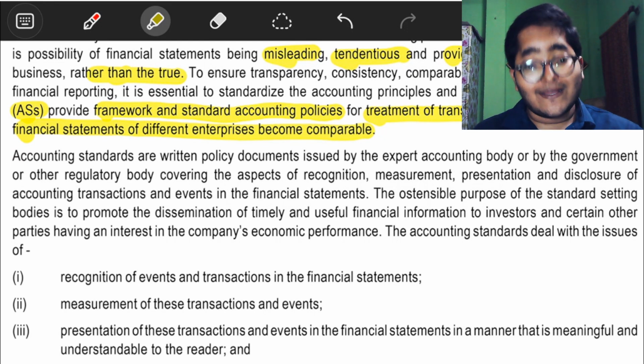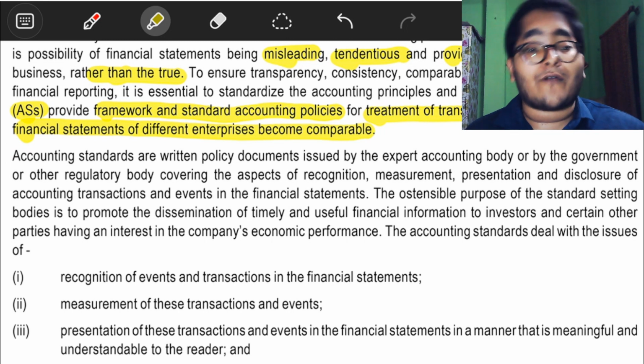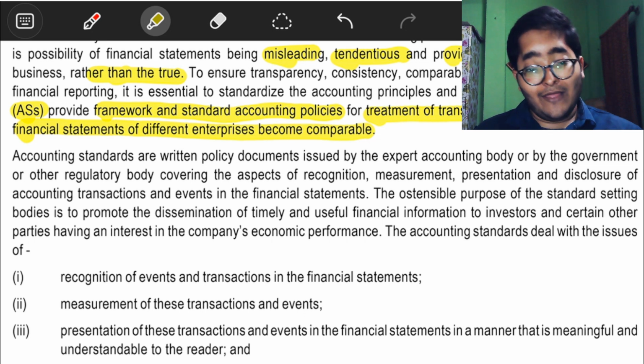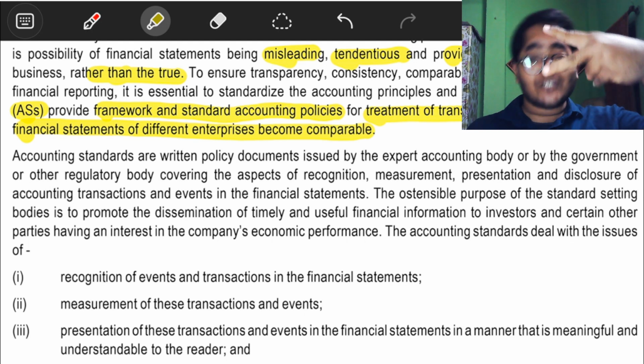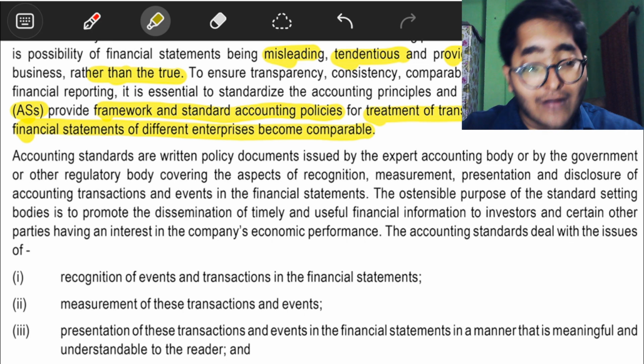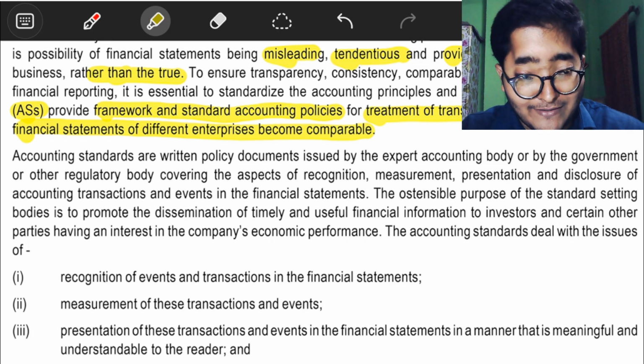Accounting standards are written policy documents issued by the expert accounting body or by the government or other regulatory body covering the aspects of recognition, measurement, presentation, and disclosure of accounting transactions and events in the financial statements.